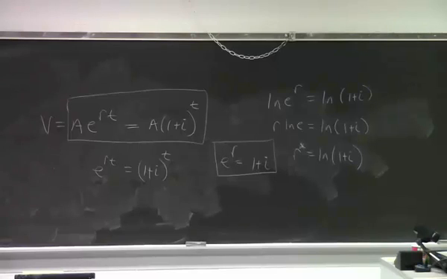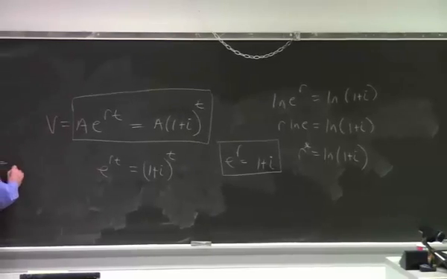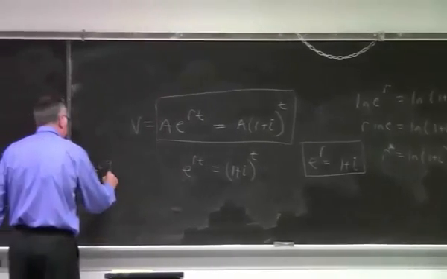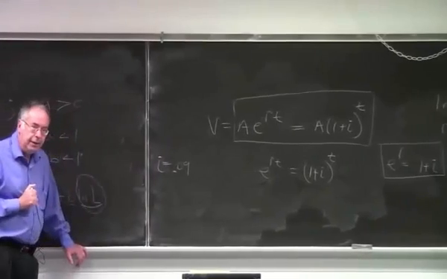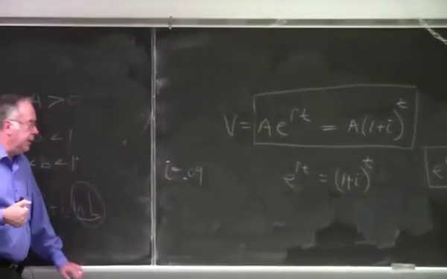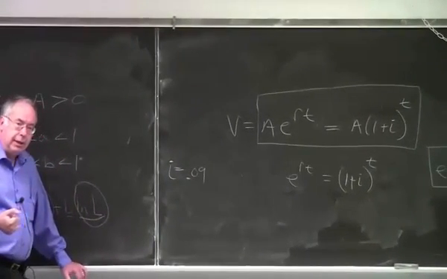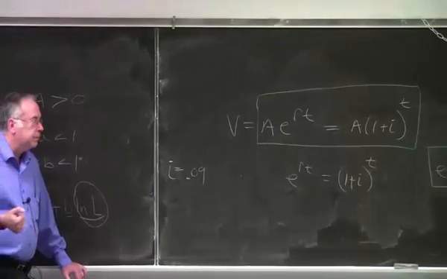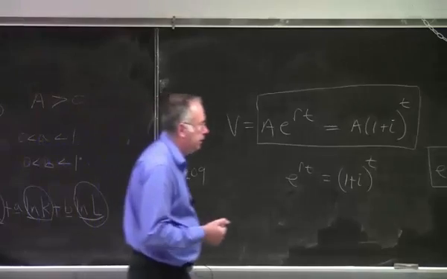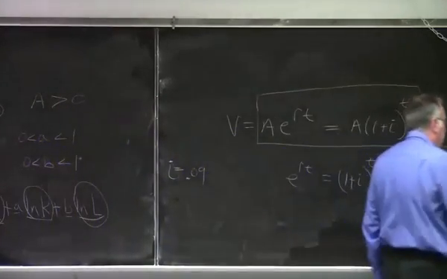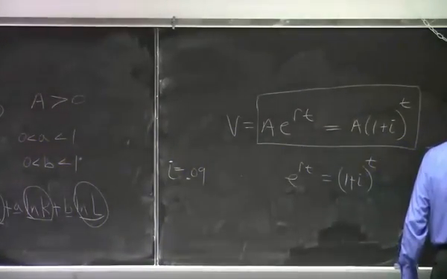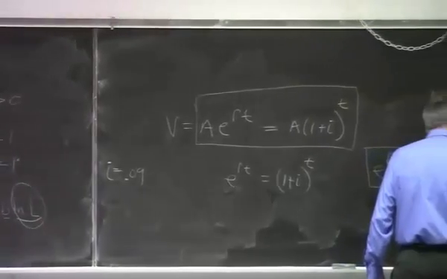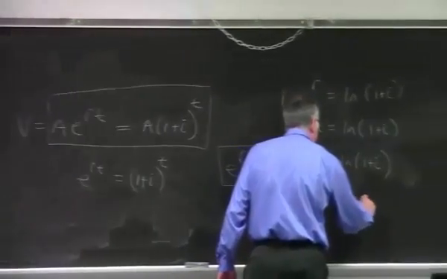For example, suppose the annually compounded interest rate is 0.09. What will be the equivalent continuously compounded interest rate? Well, it would be r star. What is the natural log of 1.09?